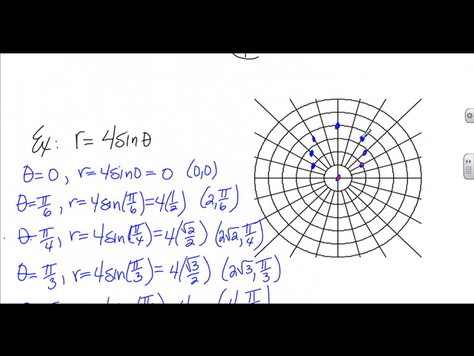So in this particular example, to get the entire graph, or everything that the graph of r equals 4 sine theta is going to do, we only needed to look at an interval of angles from 0 to pi. The others are all repeats. We do exactly the same thing again. So this polar curve would be the curve that goes through those points, which appears to be a circle.